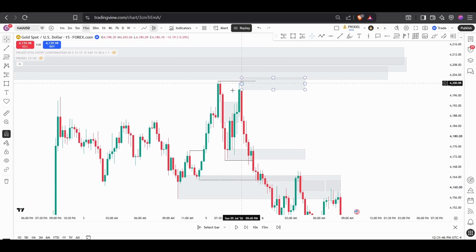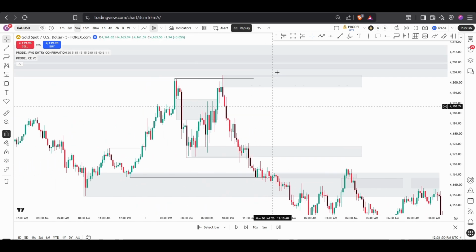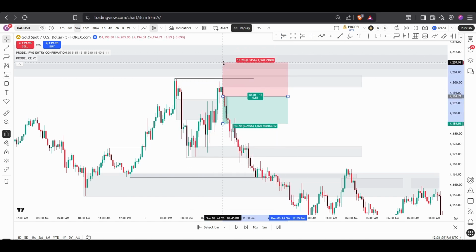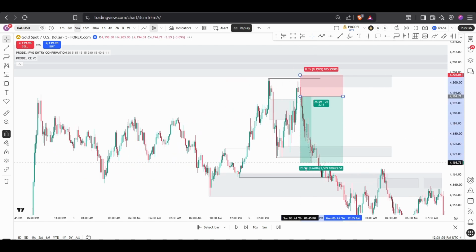If you take the 1 hour and 5-minute combination, you can also take a trade at this level like this. This is the entry confirmation by the 1 hour and 5-minute combination.